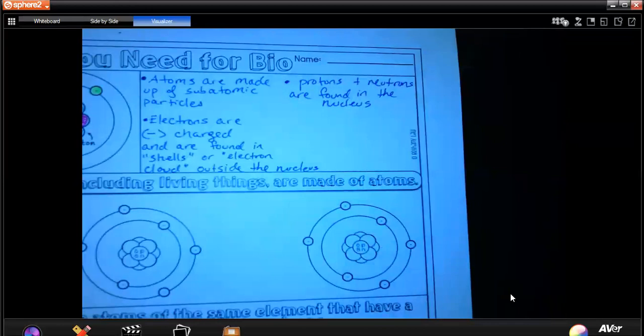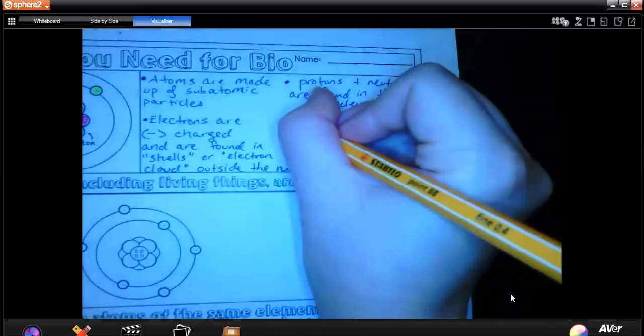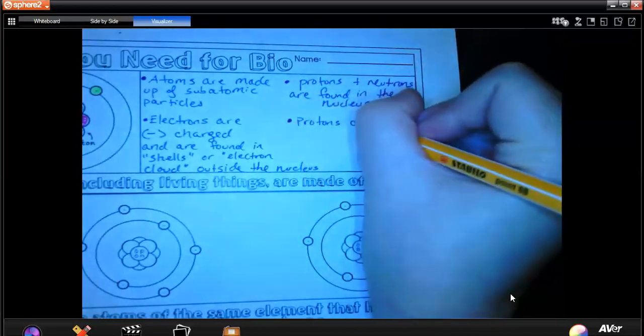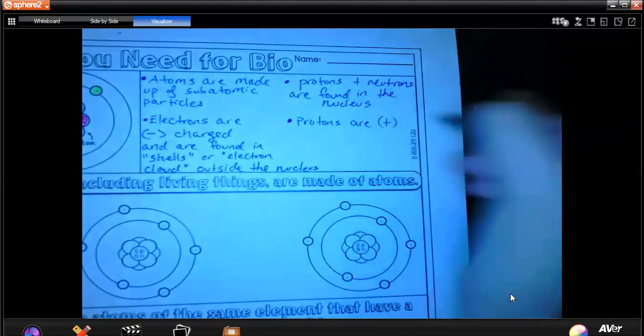And then the final bullet point is that protons are positively charged.